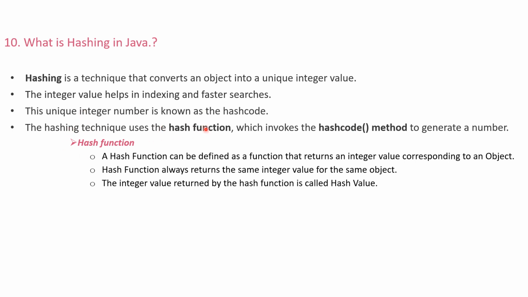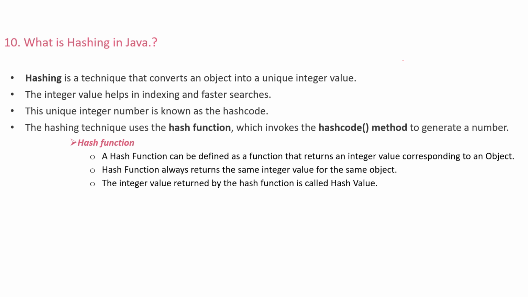The hash function invokes this hashCode method to generate that unique integer value. So what is a hash function? A hash function can be defined as a function that returns an integer value corresponding to that object. It always returns the same integer value for the same object.